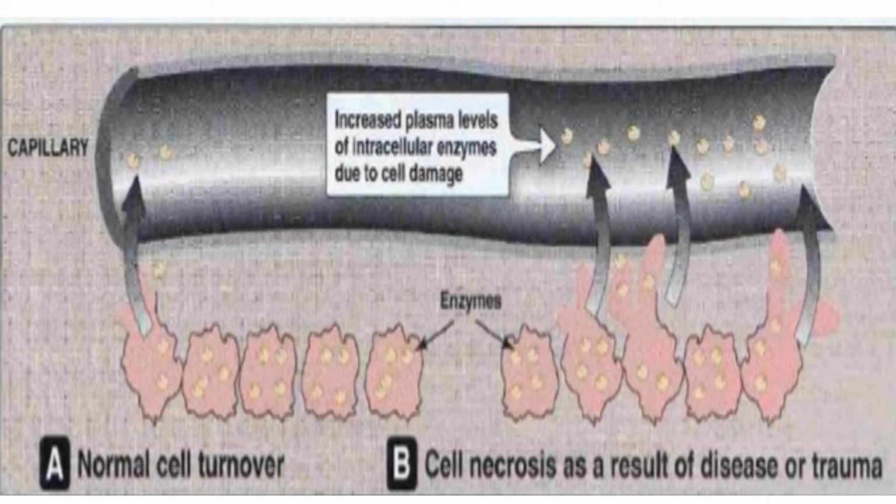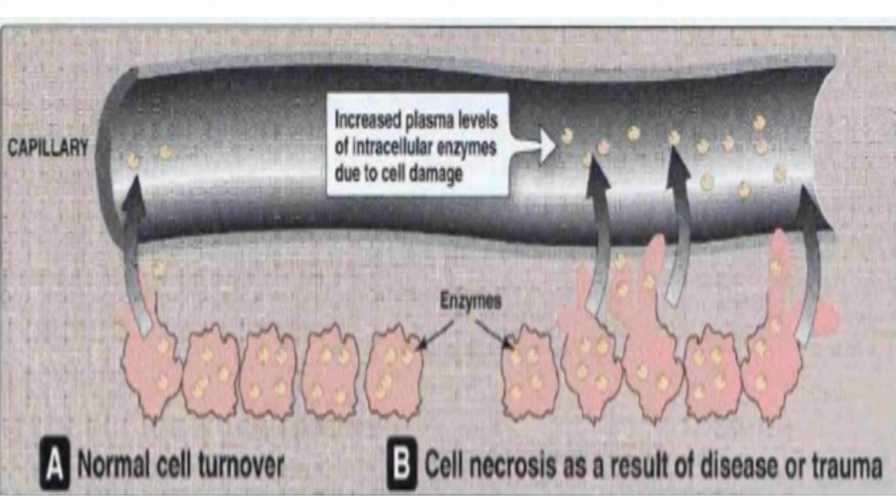You can see when there is a normal cell turnover, even apoptosis, which is a normal cell turnover pattern, or when an individual cell undergoes destruction, the intracellular enzymes leak into the plasma, and their concentration is very low because only the old cells undergo destruction.